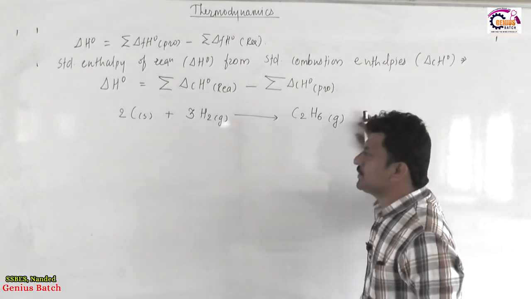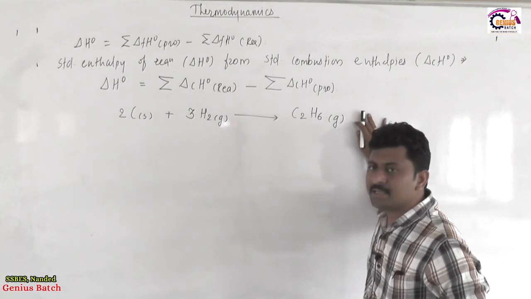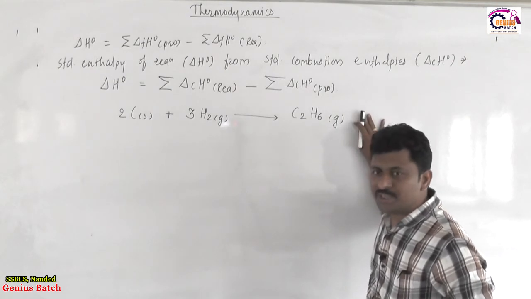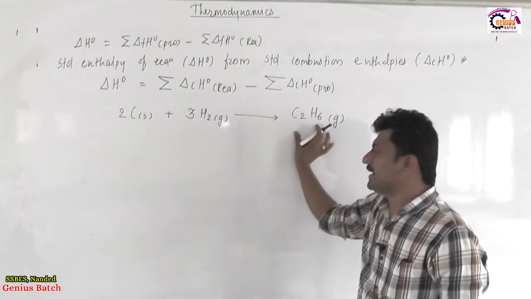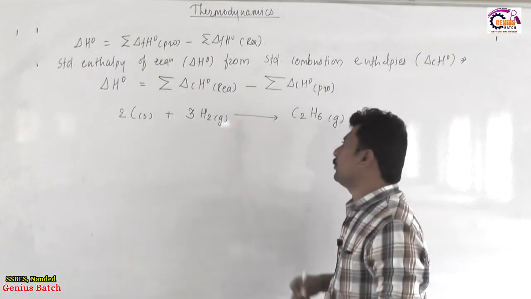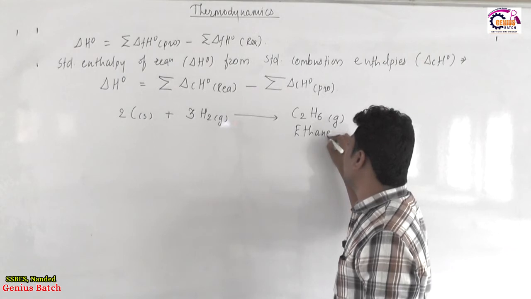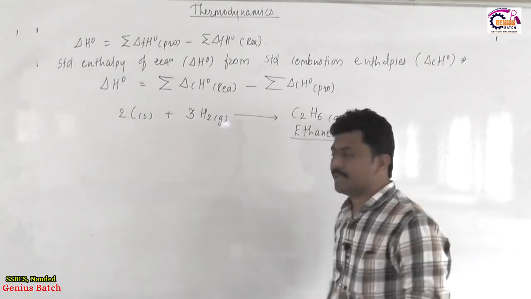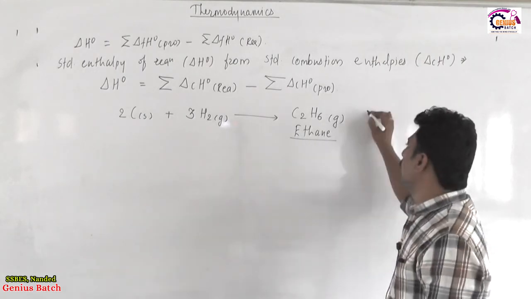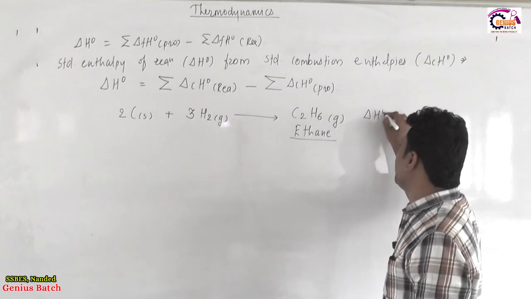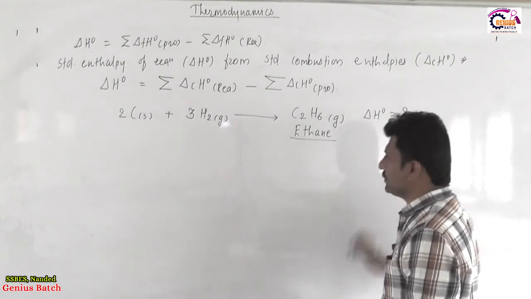This is the reaction which can be treated as standard formation reaction for ethane. The product is second member in a homologous series of alkane which is ethane. Question is, what is standard enthalpy change for this reaction?